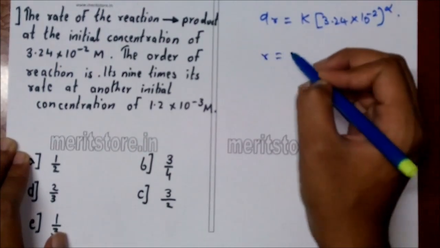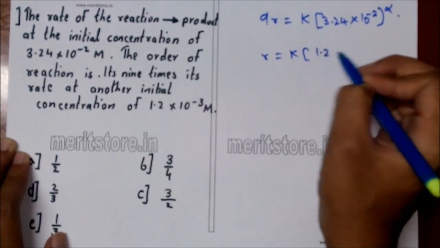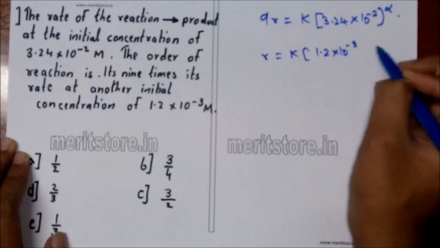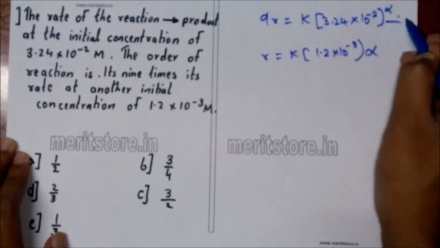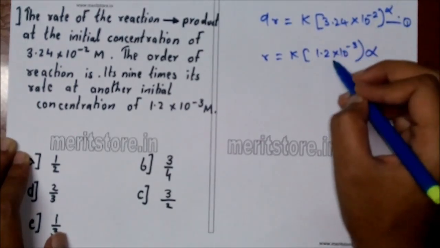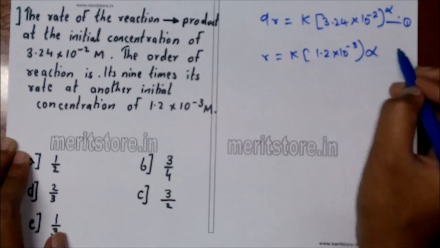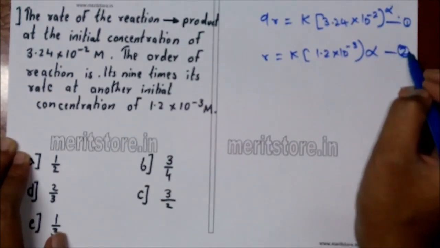R equal to K into (1.2 × 10^-3) raised to alpha. Let this be equation 1 and the one with the other initial concentration be equation 2.